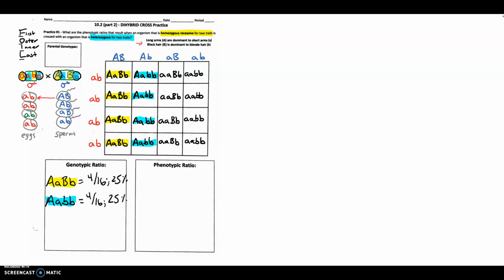And let's do little a, big B, little b. Well, as you can see, that's all of the results that are here, and that's going to be equal to, again, 4 out of 16. I think you can probably see where this is going. That's 25%. And let's color all of those green.